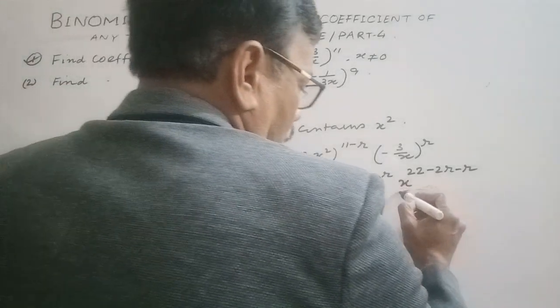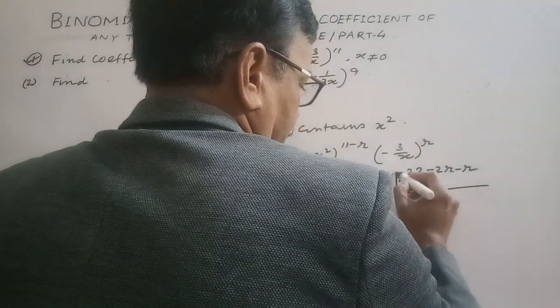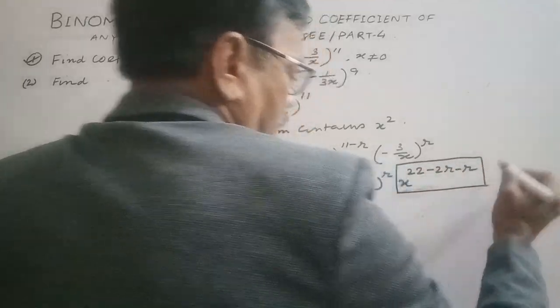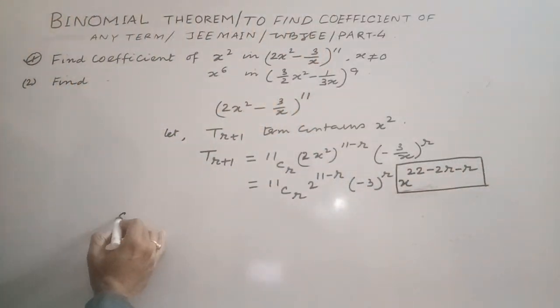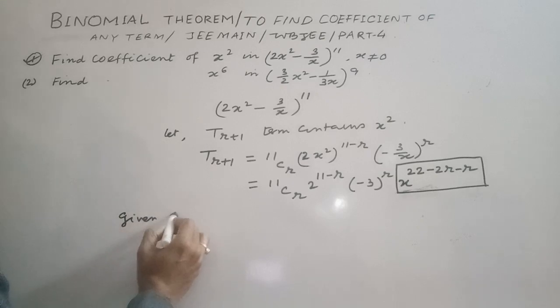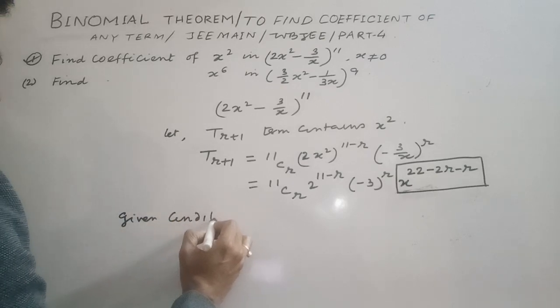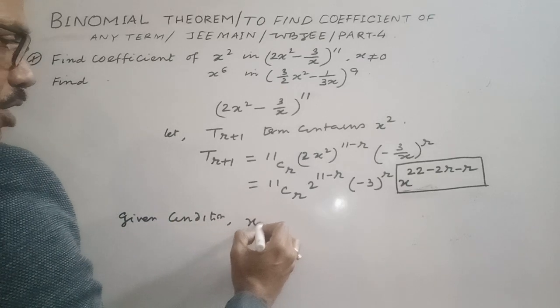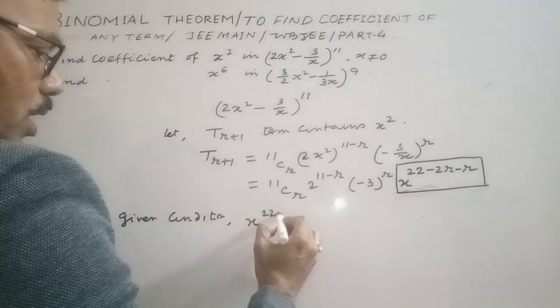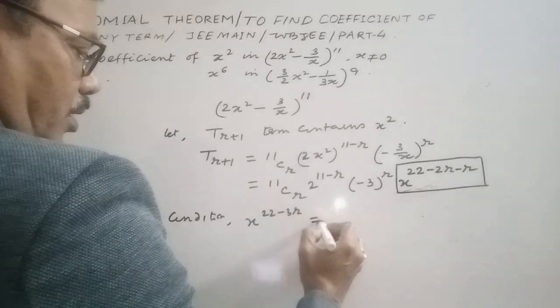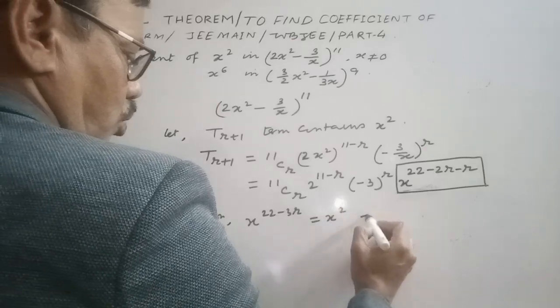Now, according to problem, this must be x square. So, given condition, x to the power 22 minus 3r equals x to the power 2.